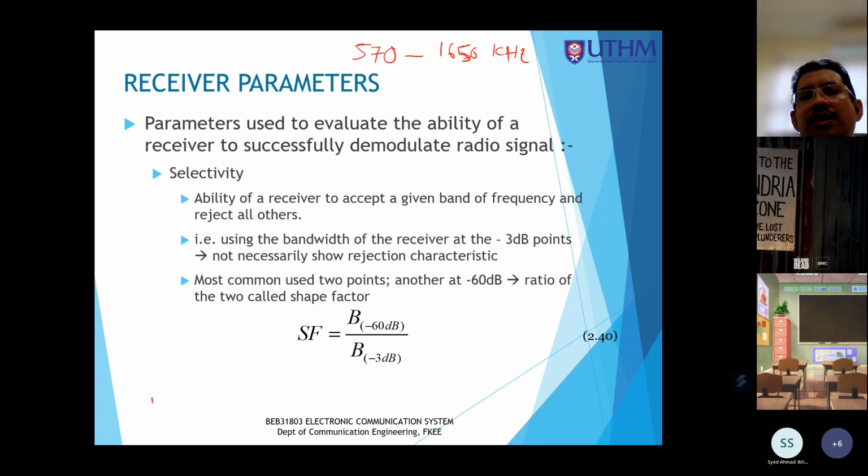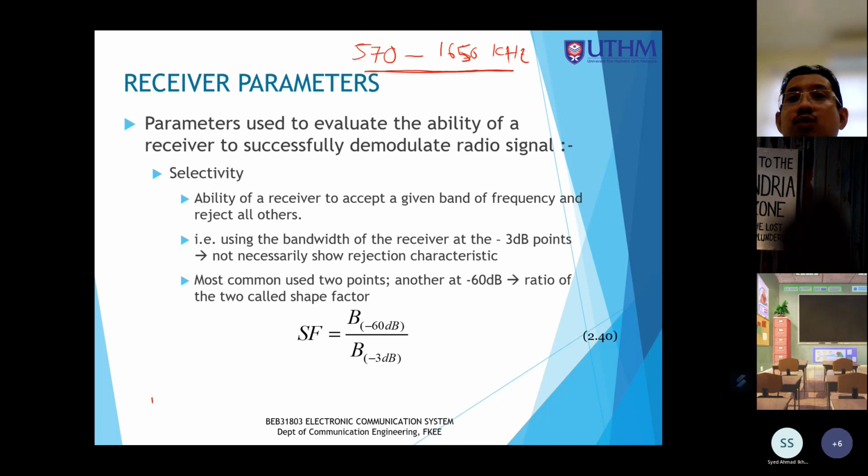Boleh buka radio masing-masing dan cuba tune kepada frekuensi ini. Radio apa yang kamu boleh dengar, masih wujud lagi AM station. Ini dalam kategori medium wave, MW.